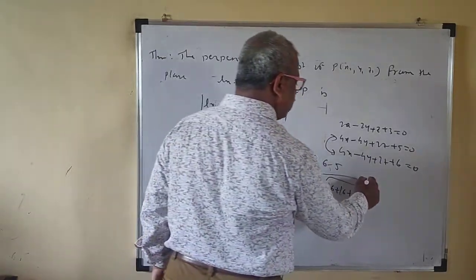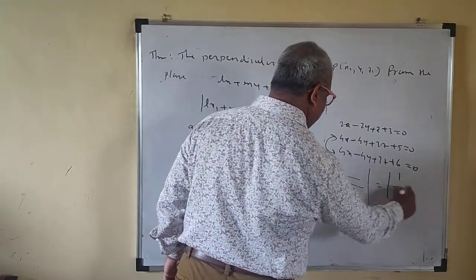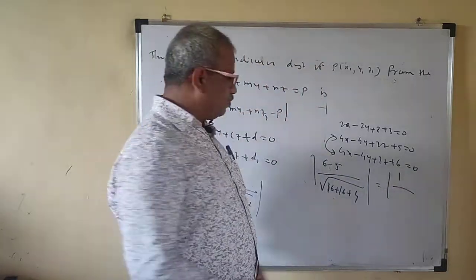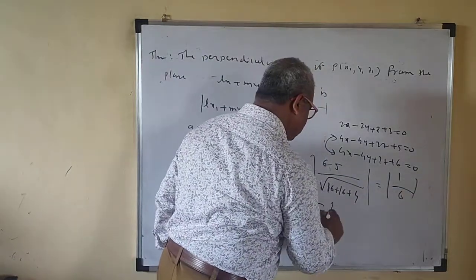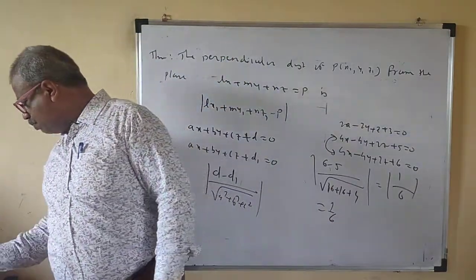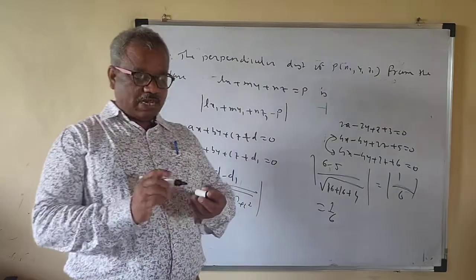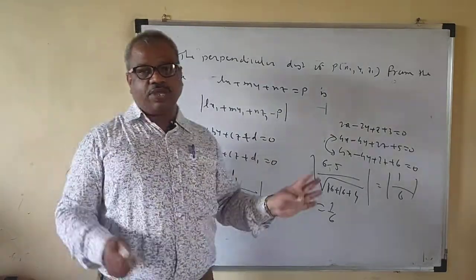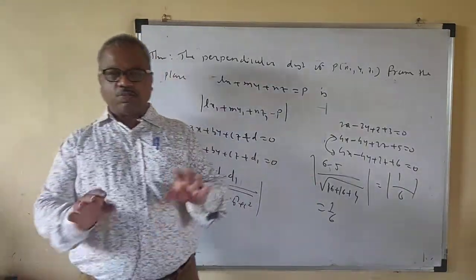This is 1 upon root of 36, which is 6. So 1 by 6 is the perpendicular distance between the parallel planes. In this way, we can obtain the distance between planes.